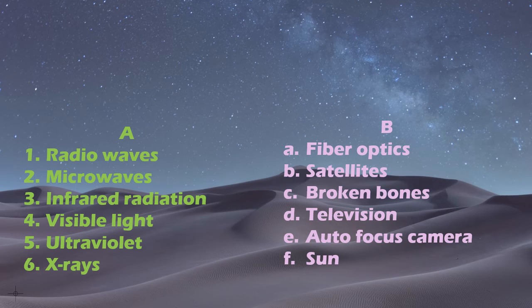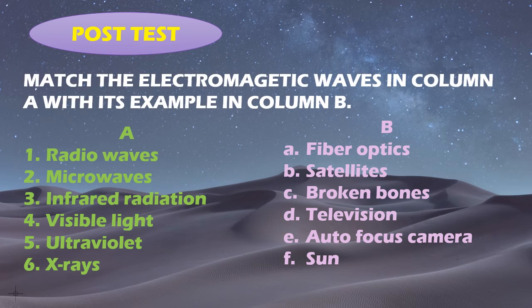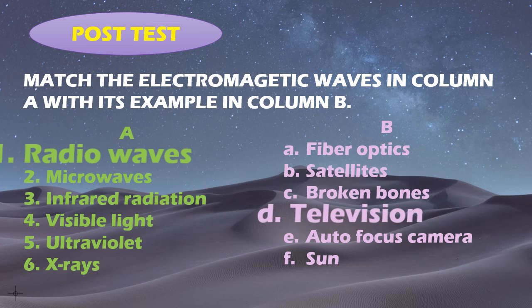Let us check our understanding of the lesson for today. Let us go back to your pretest. Let us recheck whether you are correct or wrong. Let us match the electromagnetic waves in column A with its example in column B. Number 1. Radio waves are for television.